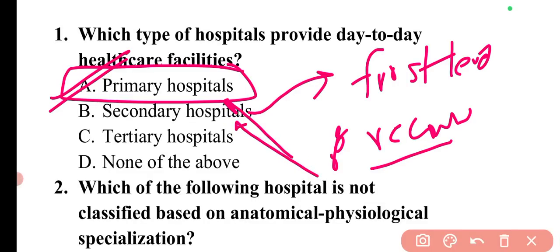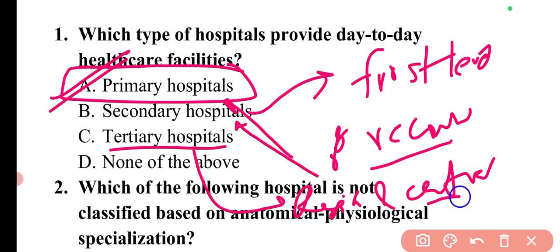Then there are tertiary level hospitals. So tertiary level hospitals are such a level of hospitals that provide highly specialized care services at a regional and central level.